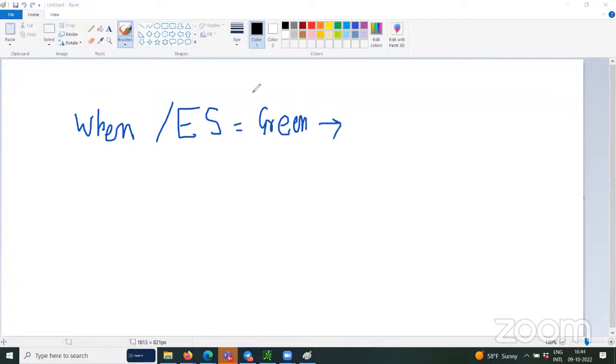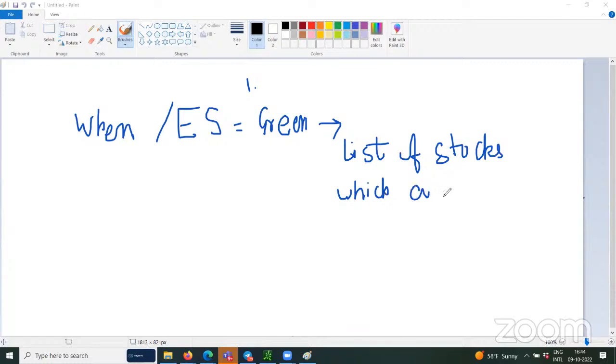This is my first step. I check ES. If ES is green, I look at the list of stocks which are, if ES is green, let's say 0.5%, roughly double of it, which is 1% or higher.